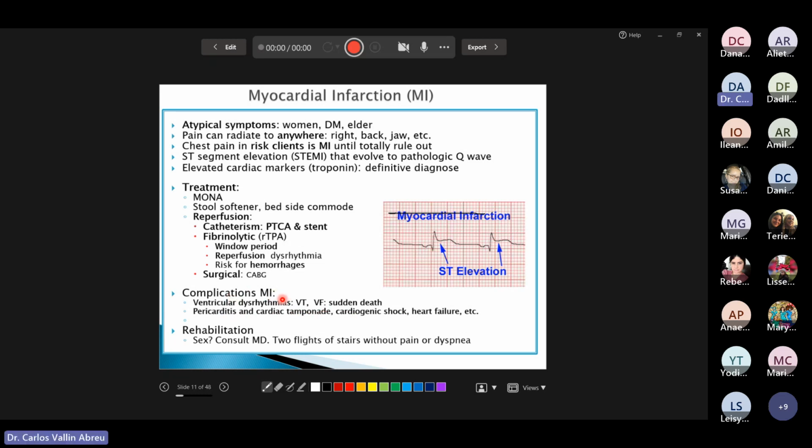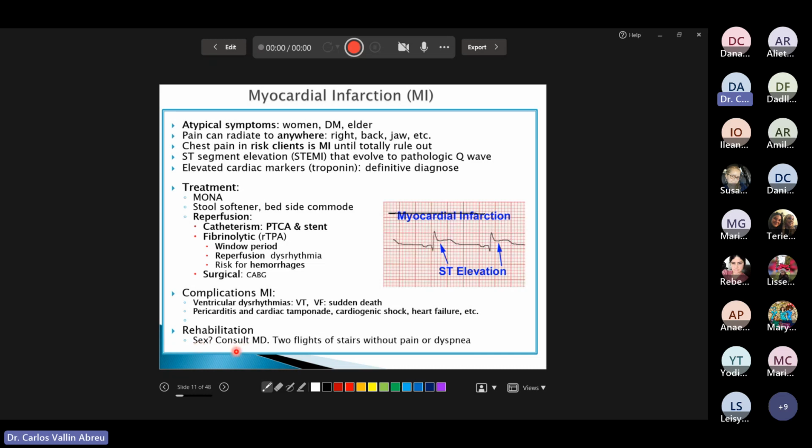The majority of clients nowadays survive myocardial infarction thanks to reperfusion therapy, where they reopen the obstructed artery. The client will have rehabilitation to return to a normal life. A common question of the client is when they can start physical effort like sexual activity.